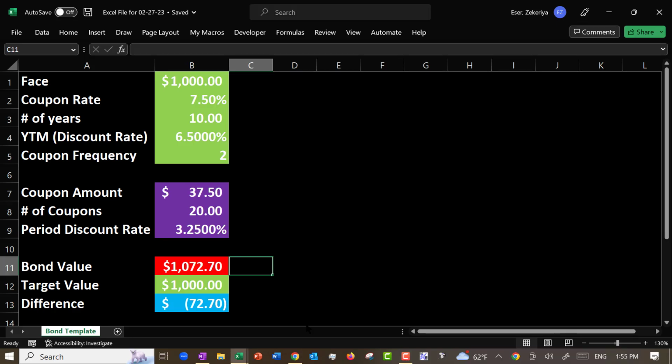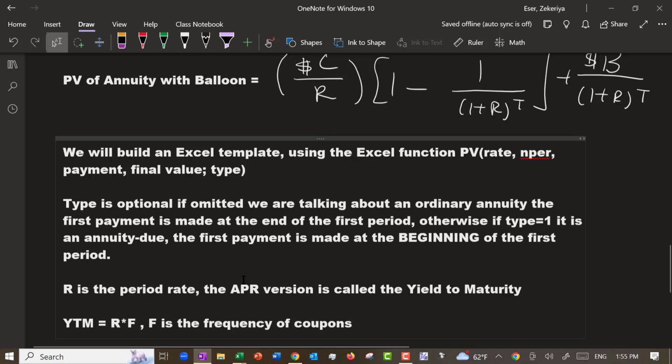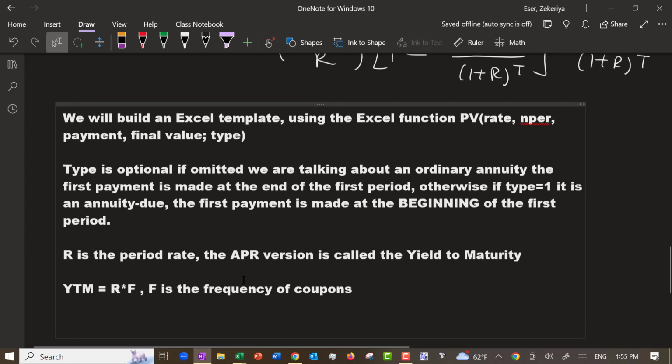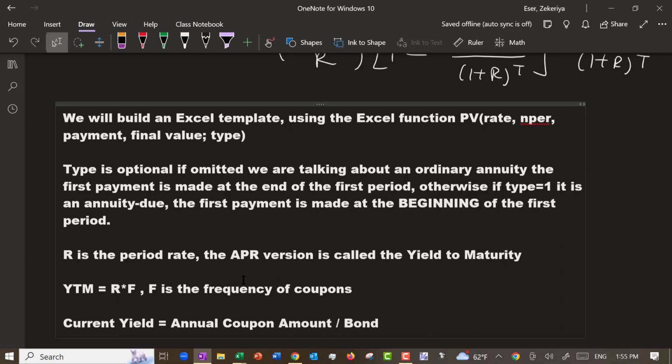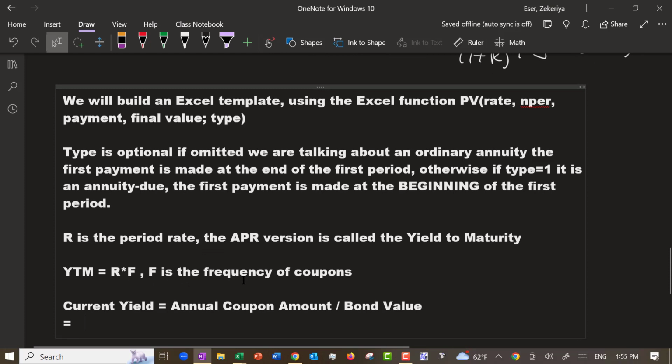While you're doing that, there is another yield concept in bonds. It's called current yield. It's calculated as annual coupon amount divided by bond value, or face value times coupon rate divided by bond value.